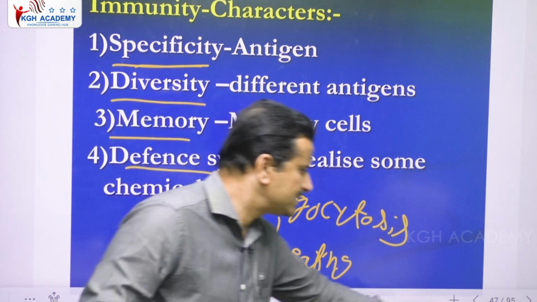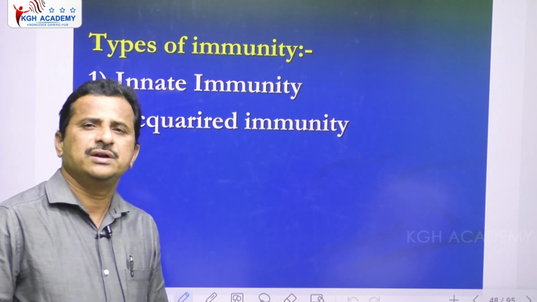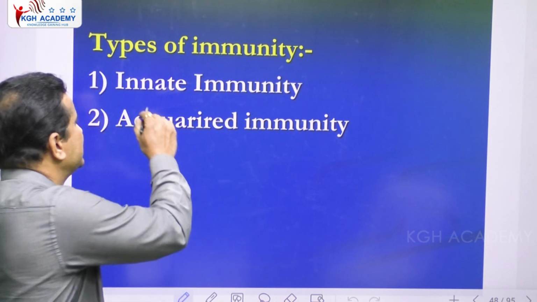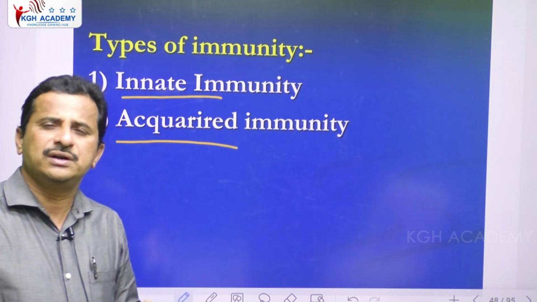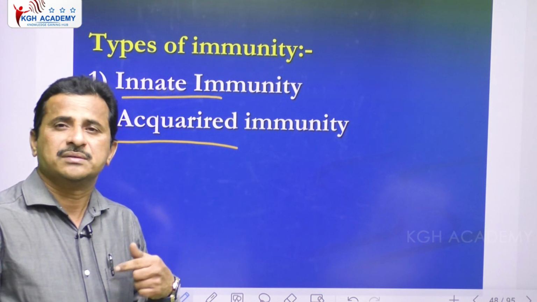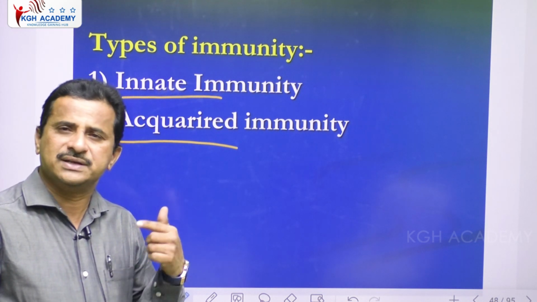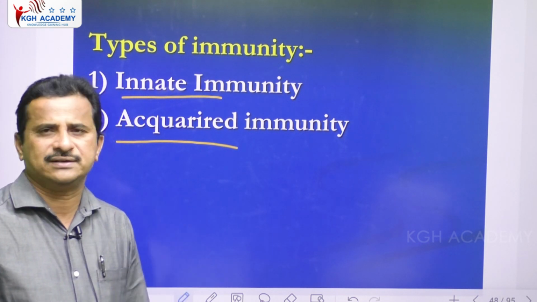Okay, and next, the types of immunity. Immunity has two types in total. One is innate immunity, the second is acquired immunity. Innate immunity means present from birth onwards. It continues throughout life, and it is not stimulated by external factors.